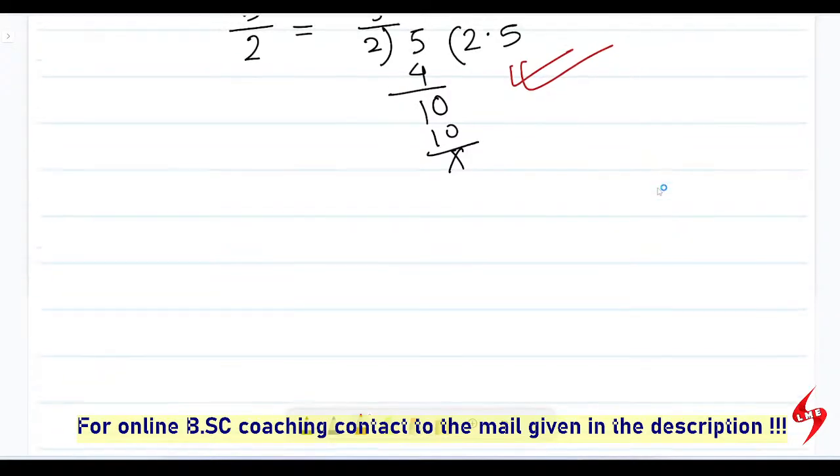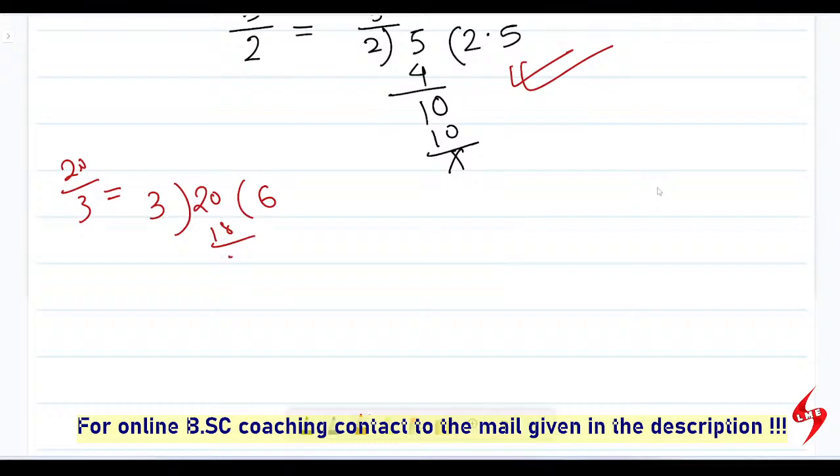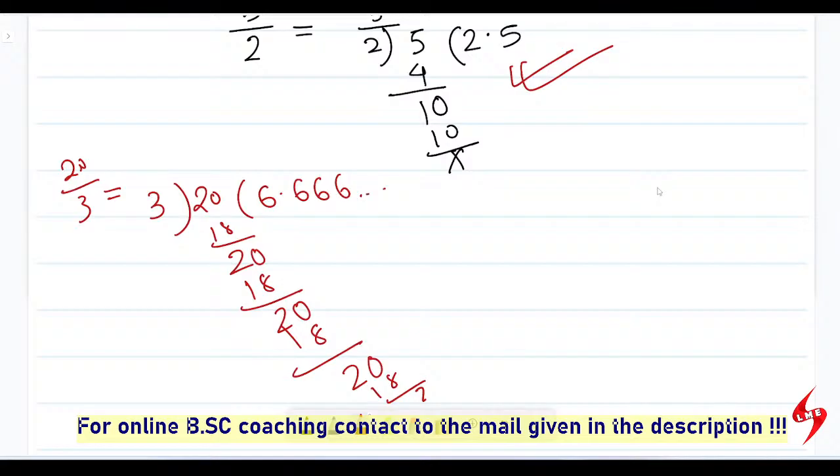But there is a twist: if we divide 20 by 3, 6 threes are 18, remainder 2, and after the point I take 0, then again 6, 18, 2, and so on.